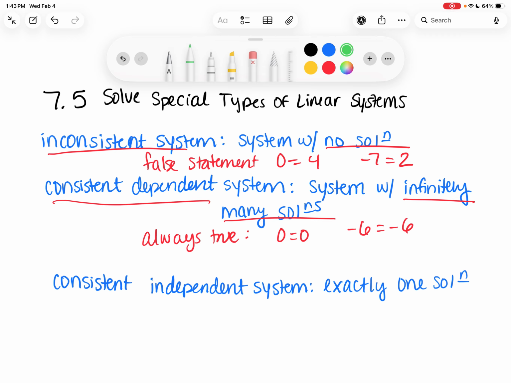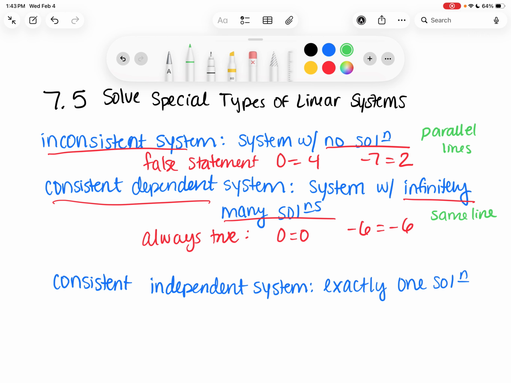Just another thing here, an inconsistent system that has no solution would be if you had like parallel lines, if you looked at a graph. Consistent and dependent, this would be the same line. If you graphed it, they would be exactly the same when you graph them.